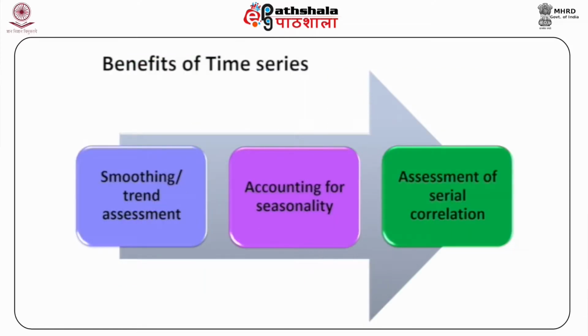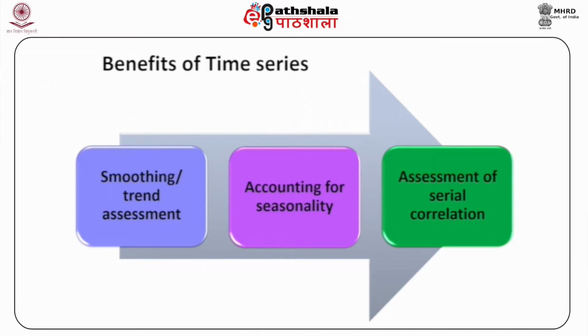In relation to business economics, the study of time series is useful in smoothing or trend assessment, in which we can analyze the trend of the past variables to undertake various business decisions in future. Accounting for seasonality, which includes the understanding of the effect on the dependent variables due to seasonality movements, is important to take efficient decisions in future.